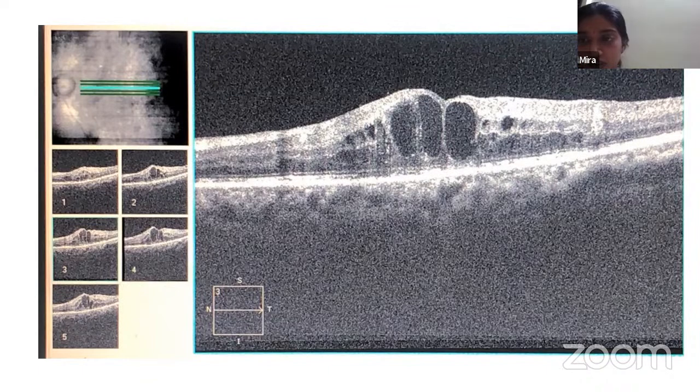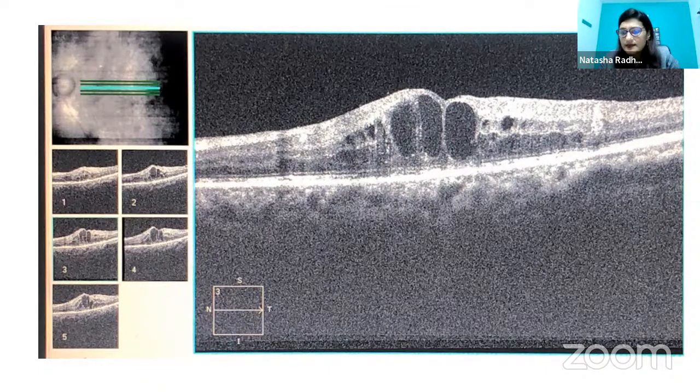Uveitis. So can anterior uveitis cause CME? Yes, ma'am. It need not be posterior uveitis. It can just be plain anterior uveitis, which will cause CME. So CME inflammatory, one is pseudophakic, other is chronic uveitis or acute uveitis, anterior or posterior.